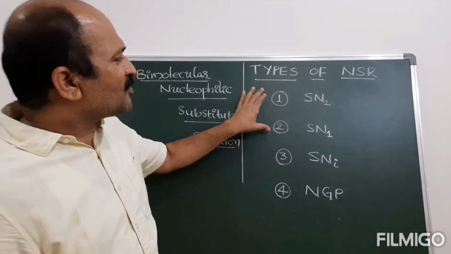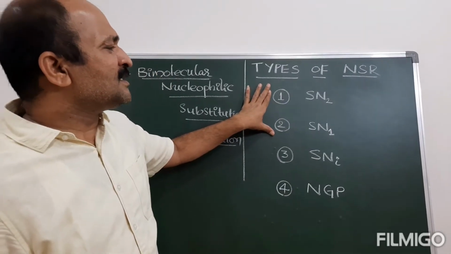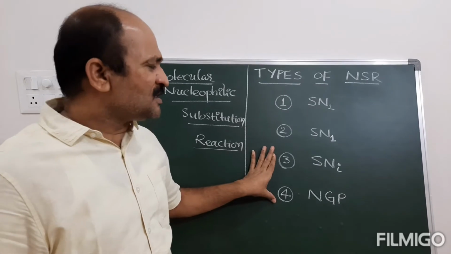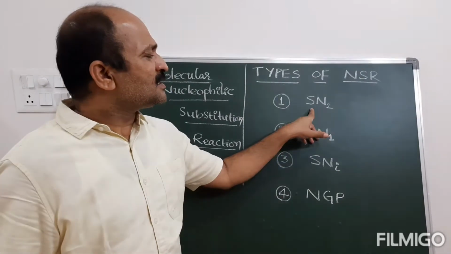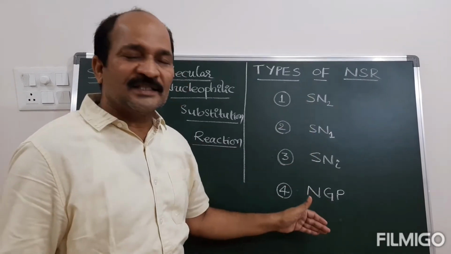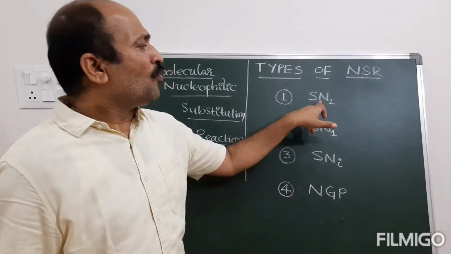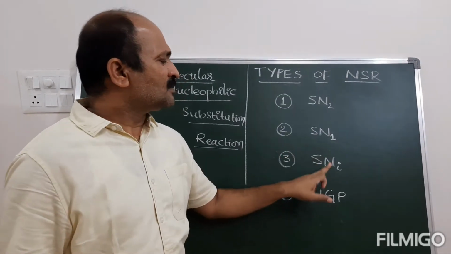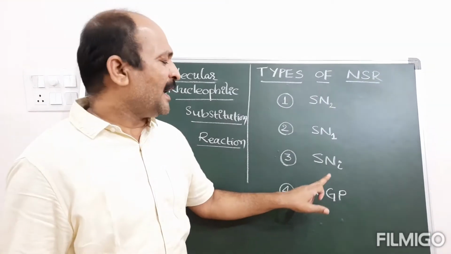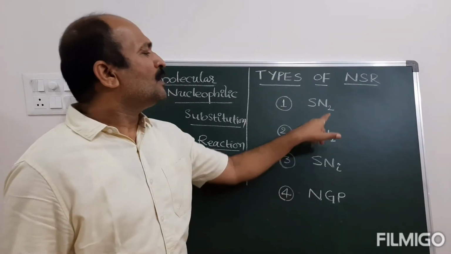In this session we are going to concentrate on SN1 and SN2, and in the next session we are going to work on SNi and NGP. There are 4 types of nucleophilic substitution reactions. One is called SN2, second is called SN1, third is called SNi, and last is called NGP.